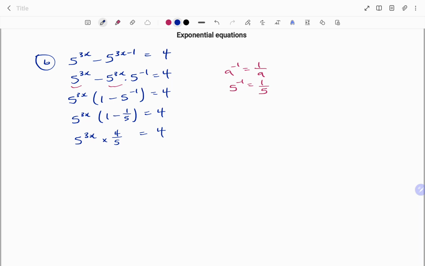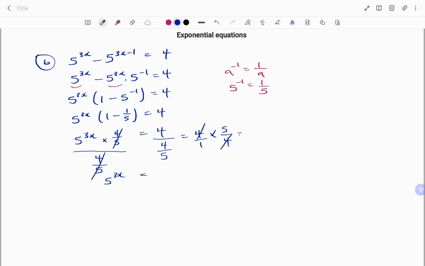I'm going to be dividing both sides by 4 over 5. This cancels. I'm left with 5 to the power of 3x equals 4 divided by 4 over 5, which is the same thing as 4 over 1 times 5 over 4.